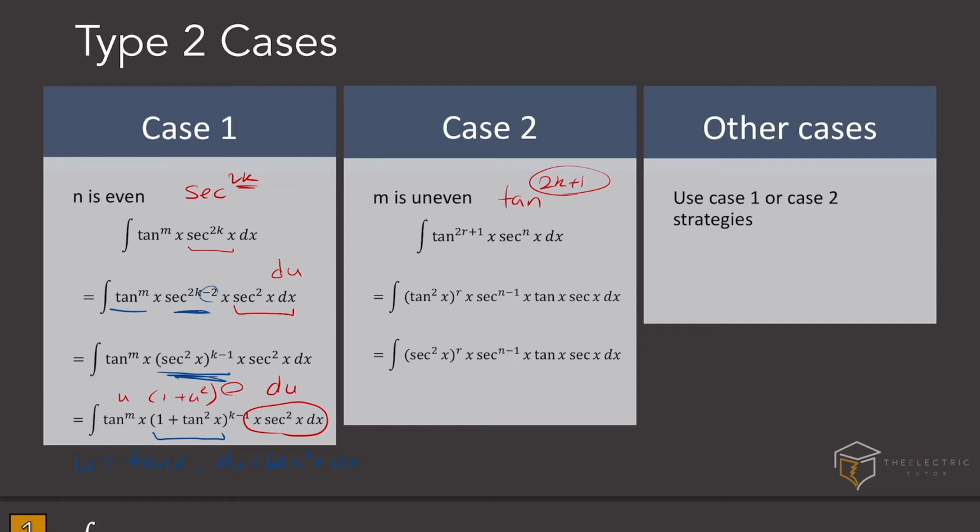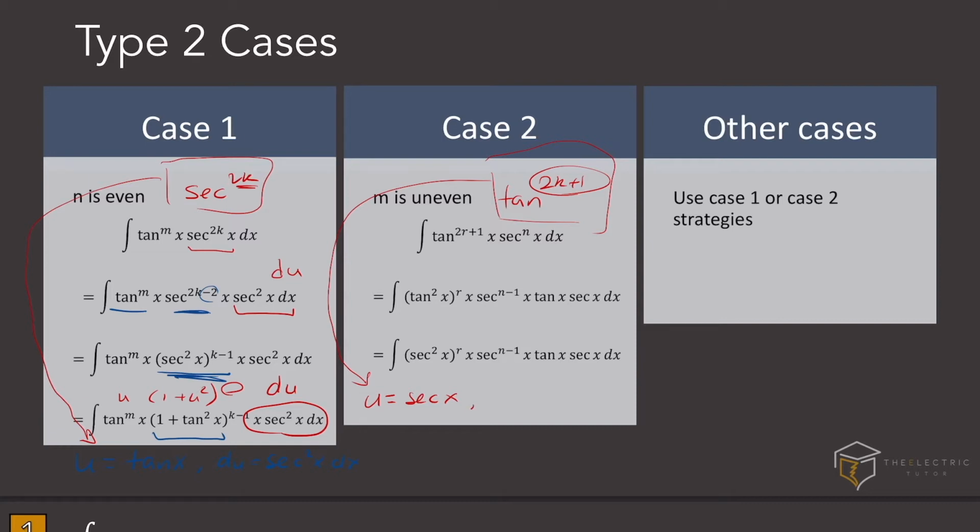The reason we do that is because we want to pick our u as secant. So if you notice a pattern here, when we focus on secant, we pick u to be tangent, and when we focus on tangent, we pick our u to be secant. That's the pattern for these types of integrals.